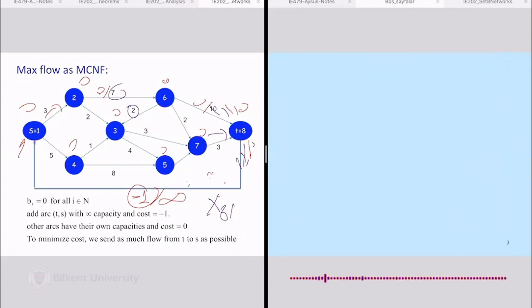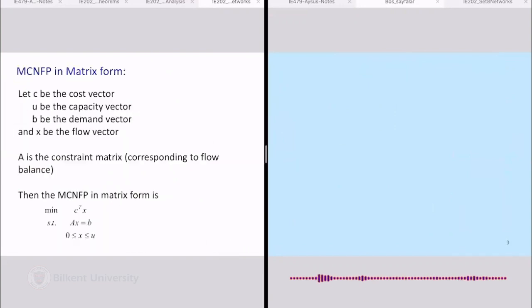Then let's look at this MCNFP closely, because we're going to derive an algorithm for this. Well, I'm going to teach you an algorithm. As always, we need to go to our matrix notation. This is the format in our matrix notation.